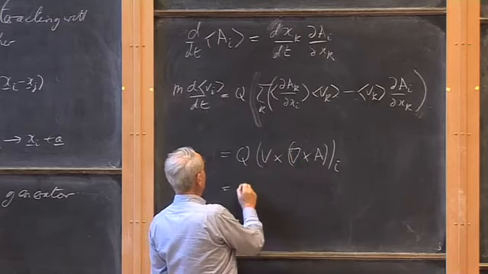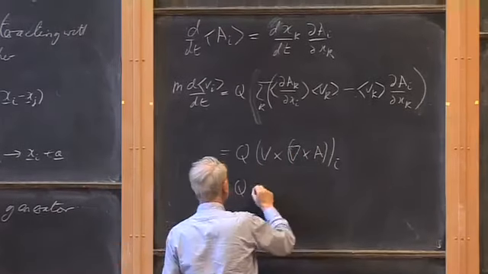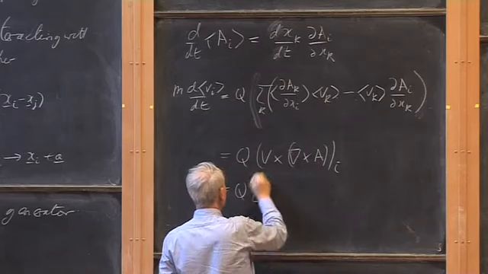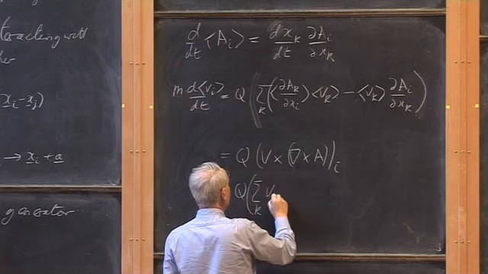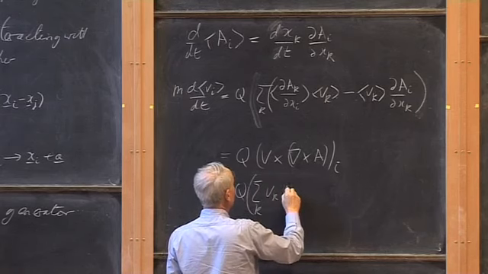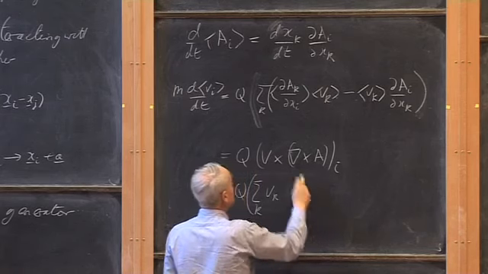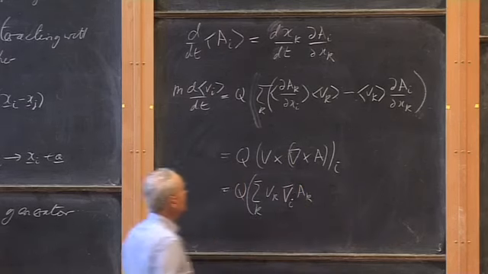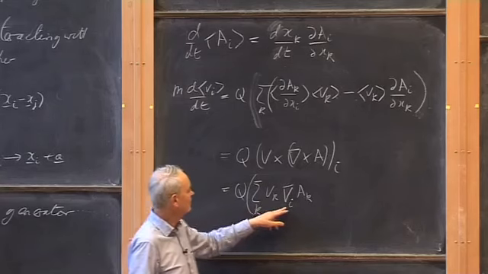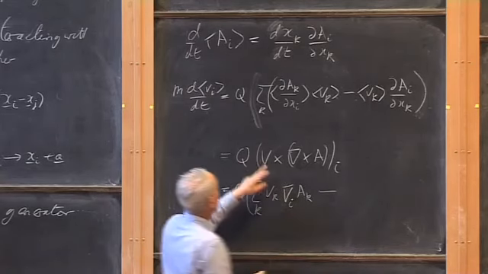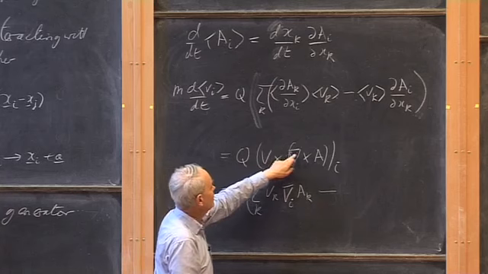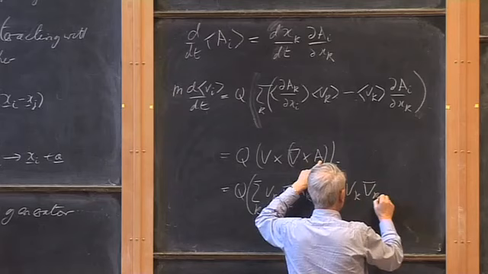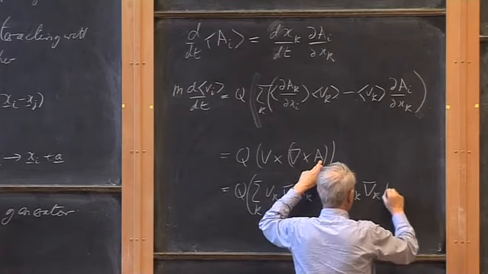So if I expand this, I get q, this thing dotted with this thing, that means a sum over k of v_k ∂_i A_k, because I'm trying to calculate the ith component. And then minus this thing dotted with this thing, direction of that thing, so that's v_k ∂_k A_i.